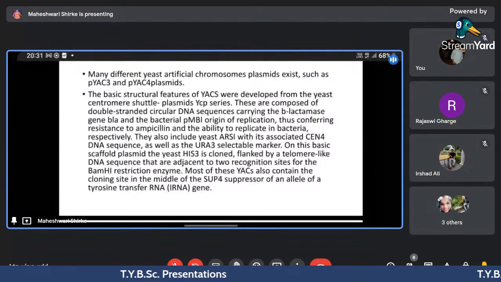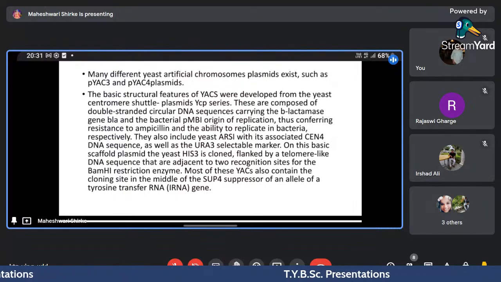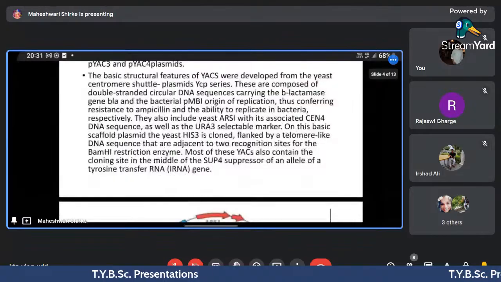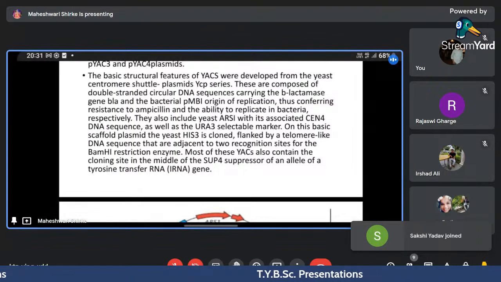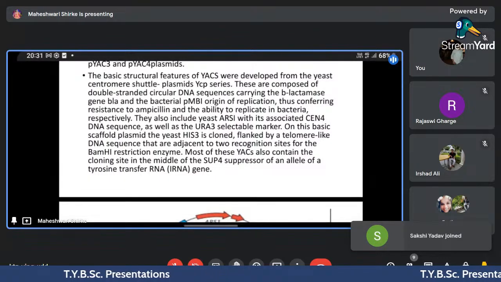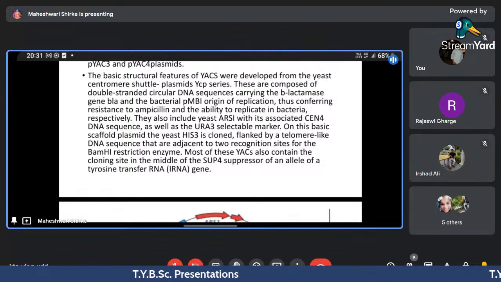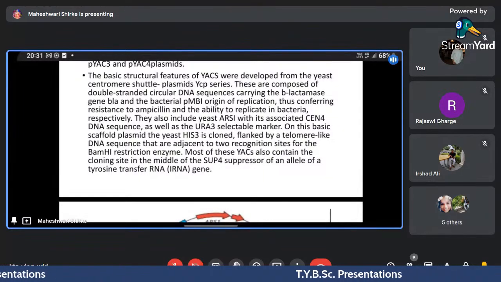These are composed of a double stranded circular DNA sequence carrying the beta-lactamase gene and the bacterial pMB1 origin of replication, thus conferring ampicillin resistance and the ability to replicate in bacteria.